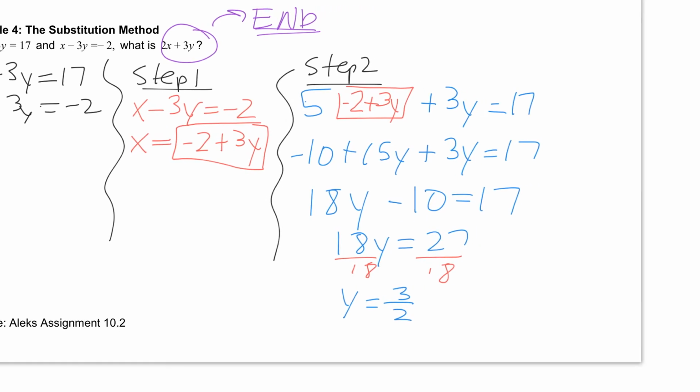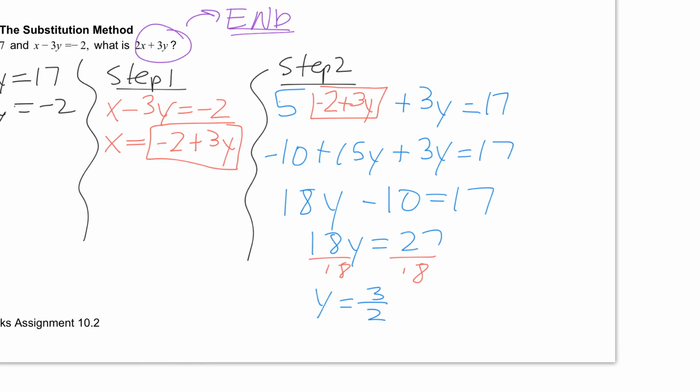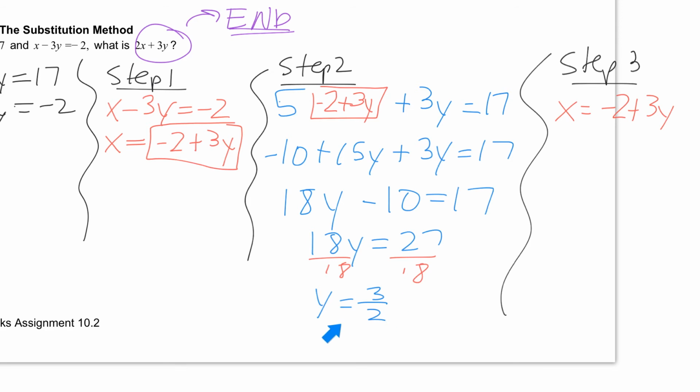Then we need to move on to step 3. And in step 3, we're going to go back to step 1. So we're looking at that equation again, the x equals negative 2 plus 3y. And we are going to take the y value that we solved in step 2 and plug it back in.